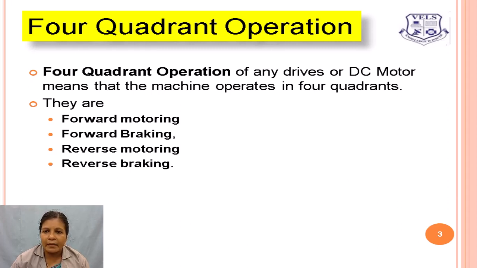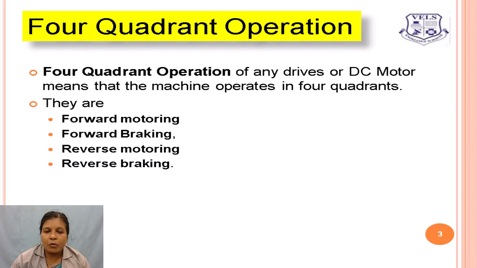A single quadrant finds its application in compressors and pumps. An automobile generally drives in two quadrants, the first quadrant and the third quadrant. And for operations such as a hoist load, for the movement of the hoist in upward and downward motion, we go for the four-quadrant operation.